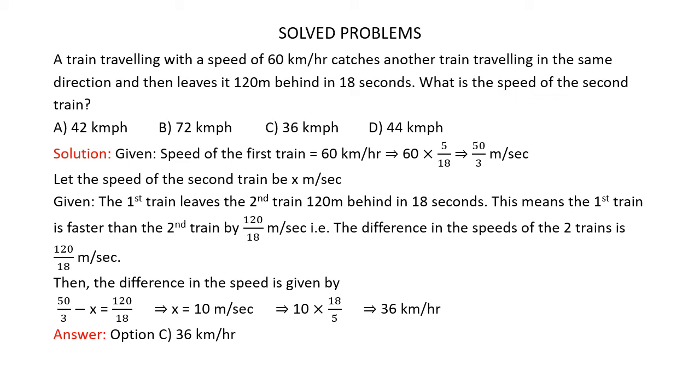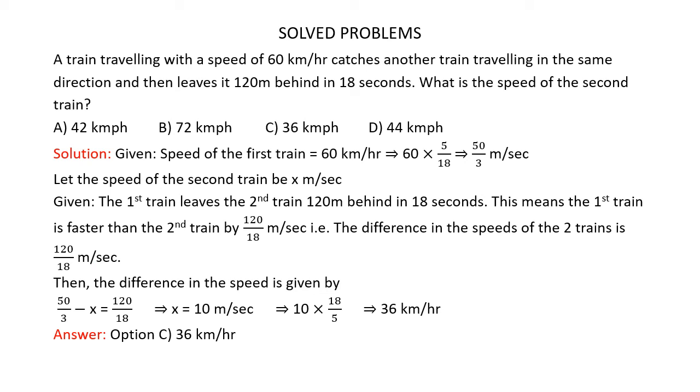So let the speed of the second train be x meters per second. Now it's given that the first train leaves the second train 120 meters behind in 18 seconds. This means the first train is faster than the second train by 120 by 18 meters per second. That is, the difference in the speeds of the two trains is 120 by 18 meters per second.